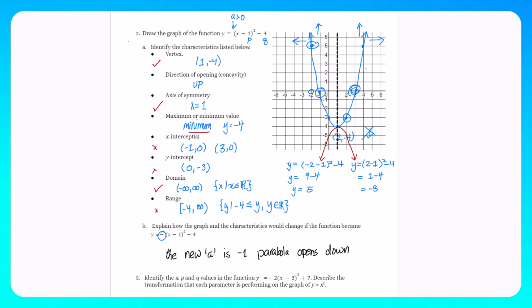And the vertex is still 1 and -4, but this is now a maximum. And if you want, you can say there's no x-intercepts, and any other thing you think is relevant.